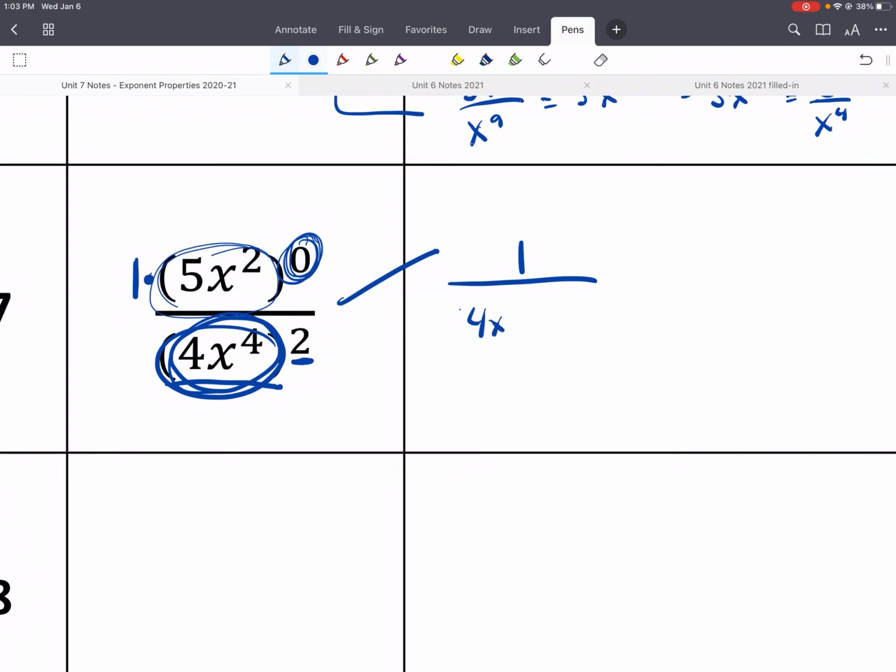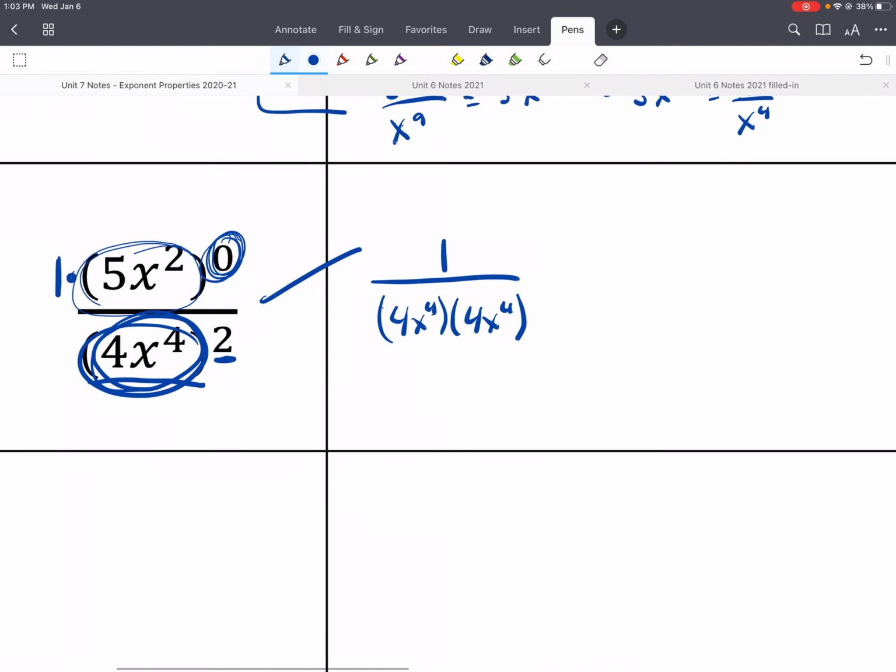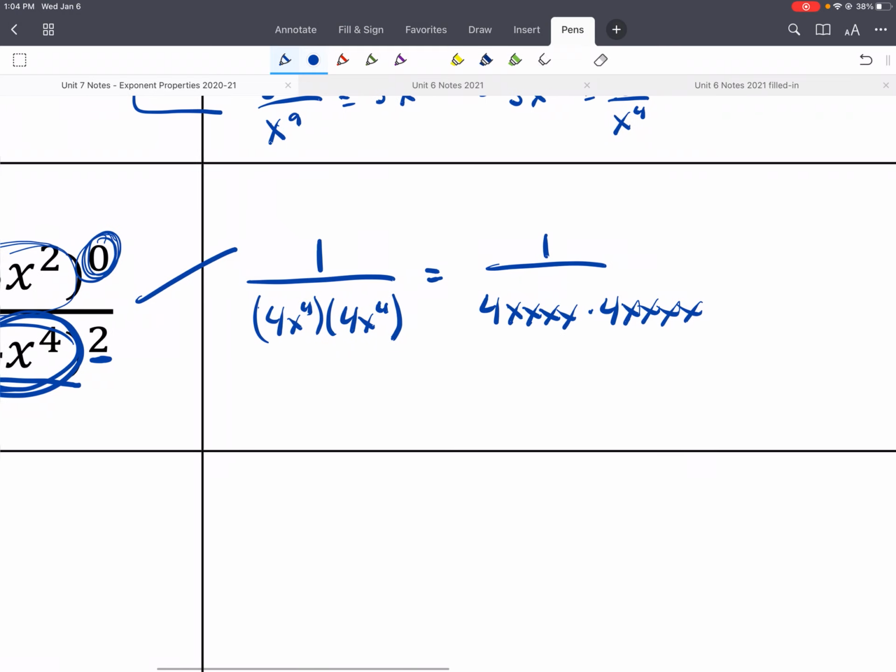So 4x to the 4th times 4x to the 4th. And if you want to expand that further, we would have 4xxxx times 4xxxx. And that leaves us with 8 x's. And then our coefficients would be 4 times 4 is 16x to the 8th.